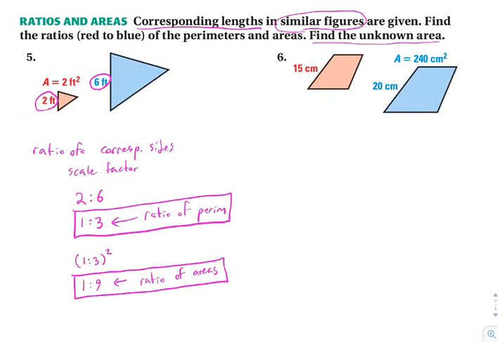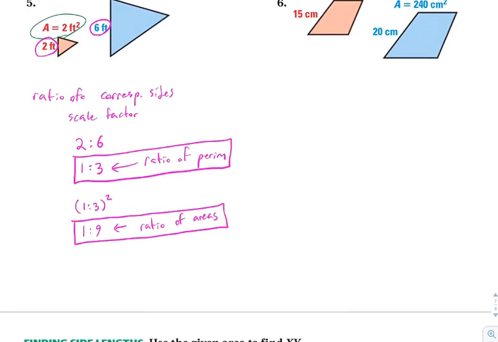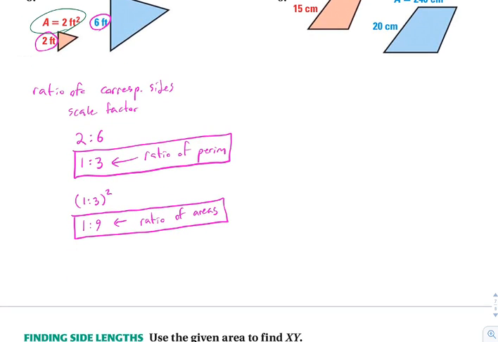Okay, so we know the original area. I'll do the second half in green here. We know the original area of the red shape was 2. So I'm going to use a proportion, because I know the areas are in proportion 1 to 9. So if the first area is 2, then 2 is to the unknown blue area as 1 is to 9.